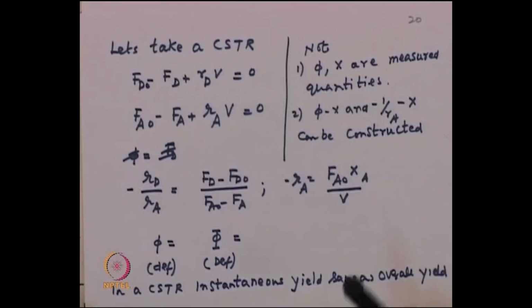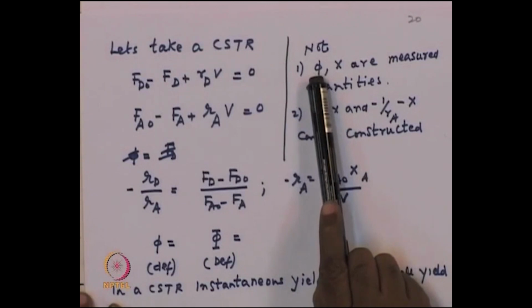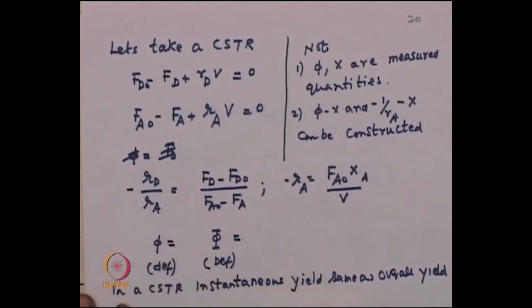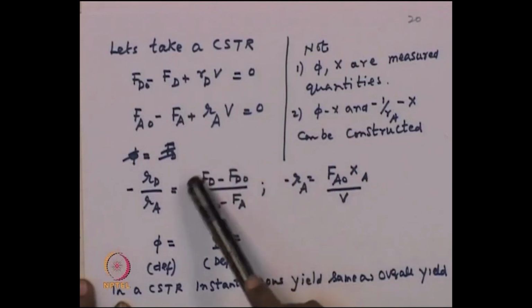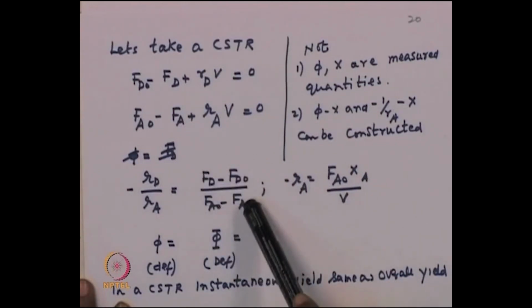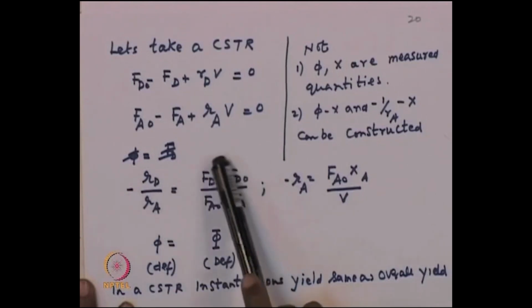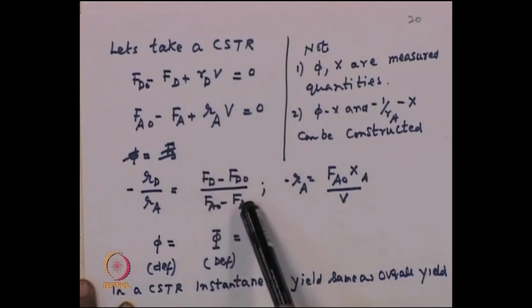Now, let us look at the system carefully. What is phi? Phi is the ratio of Rd to Ra, correct? It is instantaneous yield. Suppose I want to measure it, what will I do? I will run a CSTR experiment, so that I measure Rd to Ra simply by this ratio, because I can measure Fd and Fa, and therefore I know the right hand side.